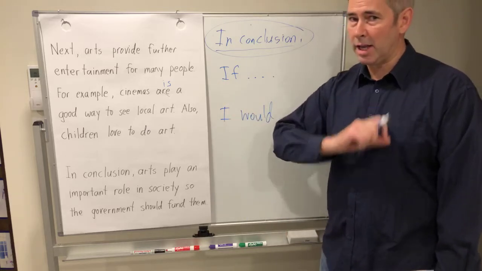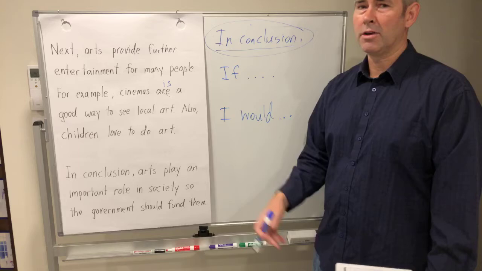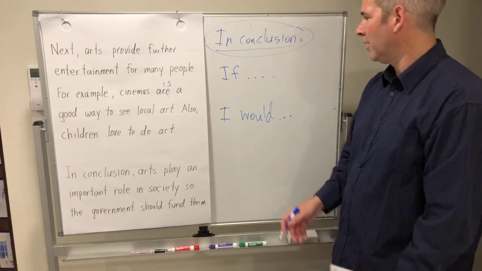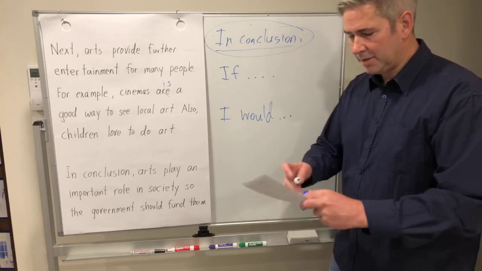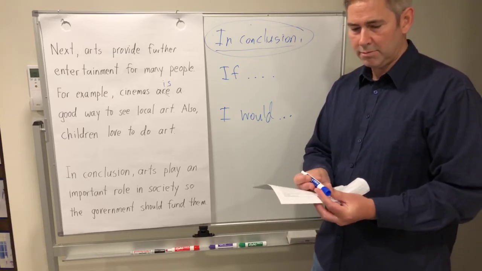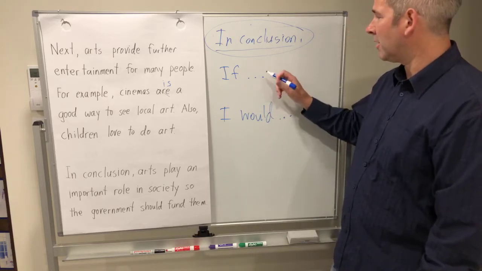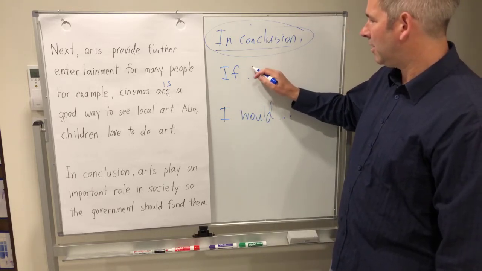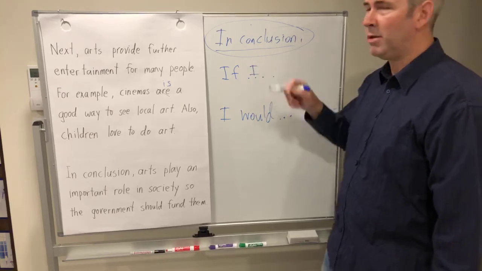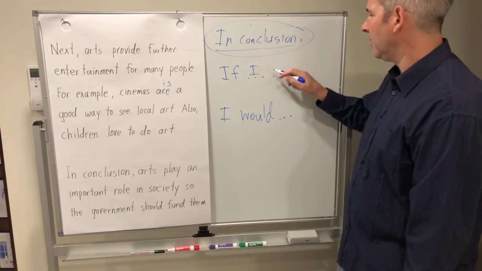I would make this my last sentence in the conclusion. So this could easily just be tagged on. Now, in many cases, your essay is going to be about the government, right? So in this case, we are talking about the government. Now I'm going to avoid using the word government because we've used that before.